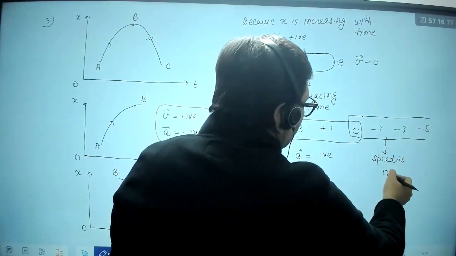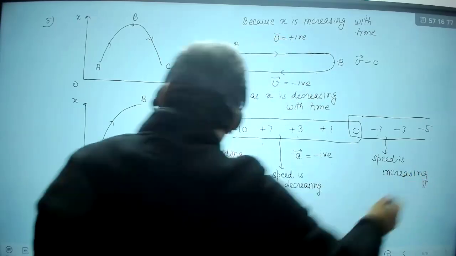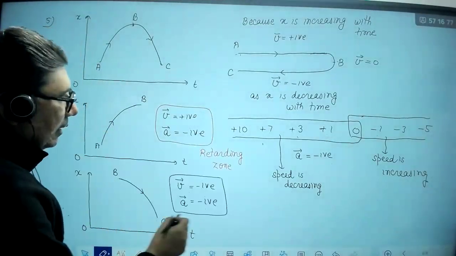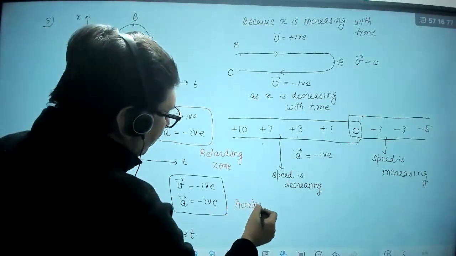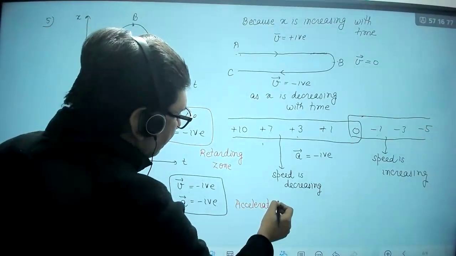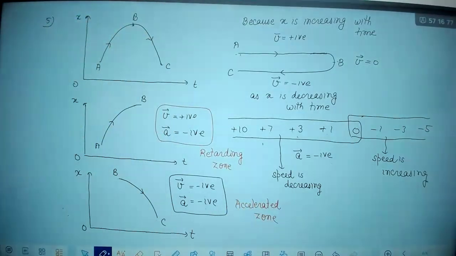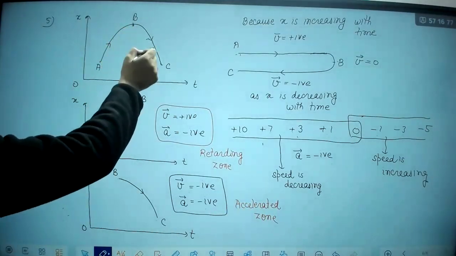They both have the same sign, V and A, so this is an accelerated zone. So A to B is retarding motion, from here to here.